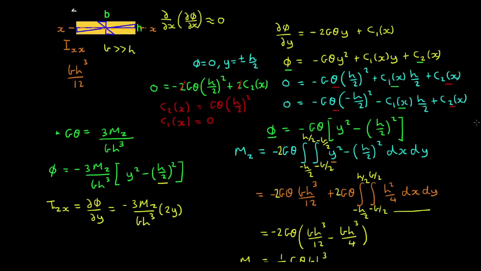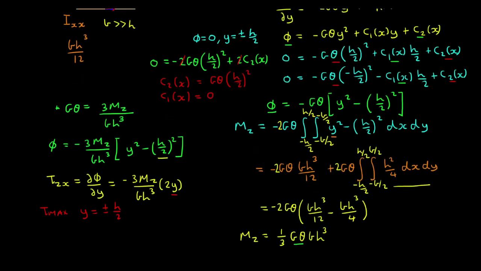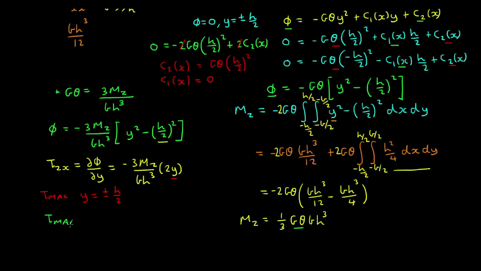Now if we look at our section, our shear stress varies from a shear stress of 0 in the middle of the section to a maximum shear stress at the top and bottom of the section. So tau max occurs when y is plus or minus h on 2. So tau max is equal to plus or minus the torque by the height over 1/3 bh cubed.